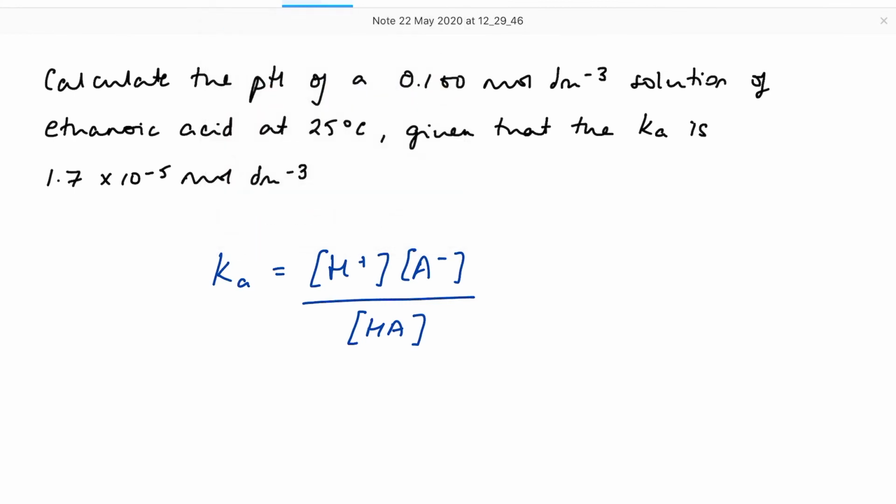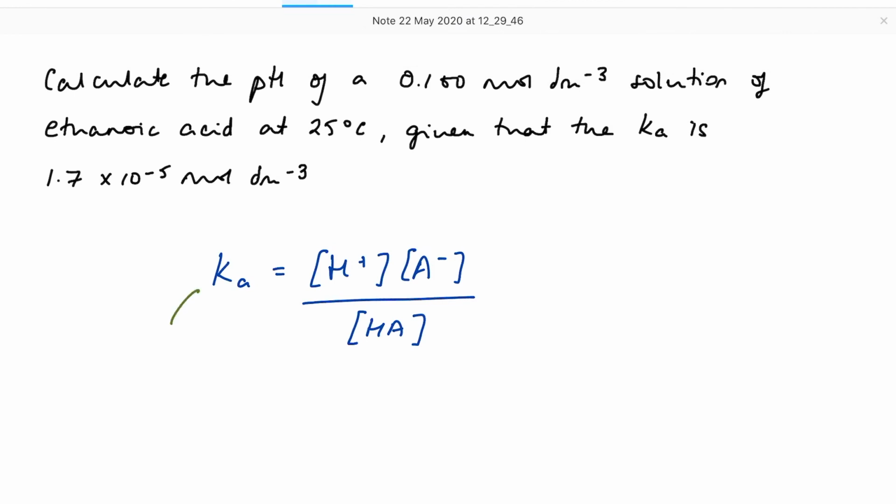Now, the key to all calculations in chemistry is to have a method and stick to it. So this is my method, and as far as I'm concerned, it is pretty much foolproof. I use the expression and the question to pull together all the information that I need. So what do I know?